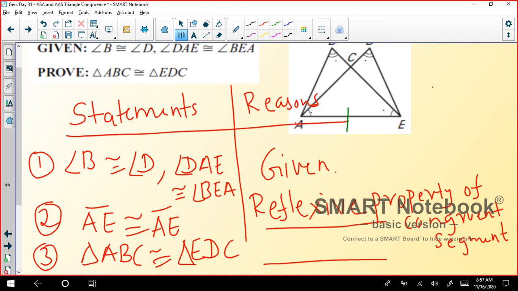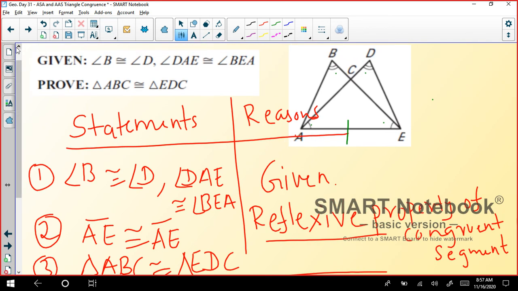Let's observe one particular triangle and see what pattern it forms. I'm looking at triangle BAE. I have this angle and this angle involved, and then we have this side. I'm not speaking about side BE, which is the included side. I'm speaking about side AE, and the pattern formed is AAS.